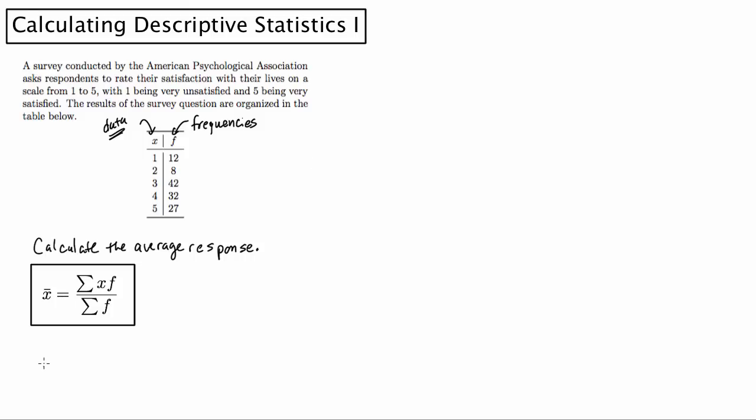The formula here, you can see it boxed, is that the average, x bar, is equal to the sum of x times f. Well, in MathStudio, we're going to write this literally as the sum of x times f divided by the sum of f. So let me go ahead and bring in the MathStudio window.